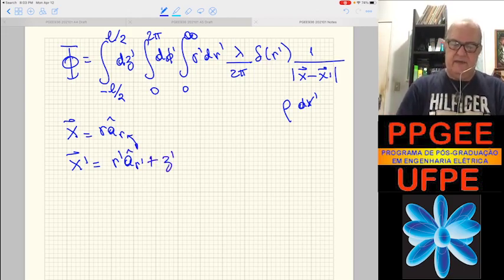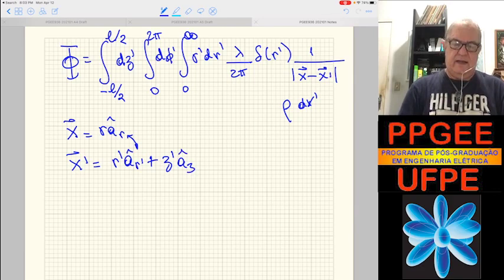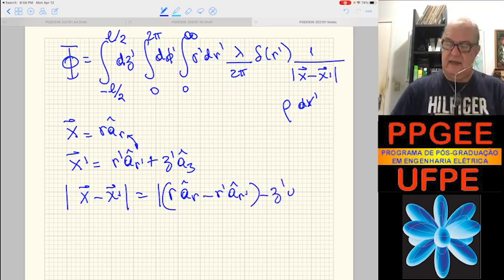So the magnitude of x minus x prime equals the magnitude of R AR minus R prime AR prime minus Z prime AZ.